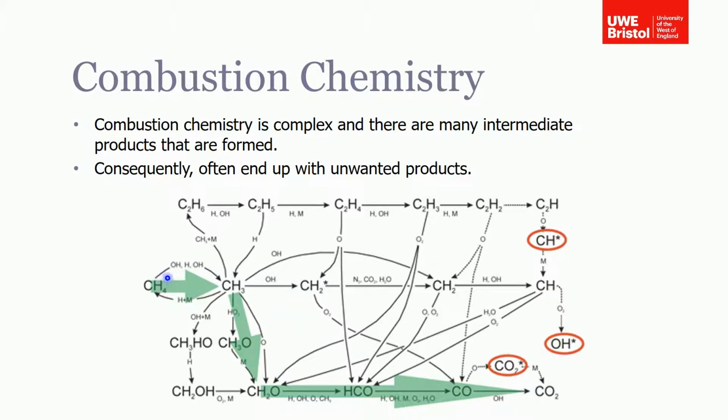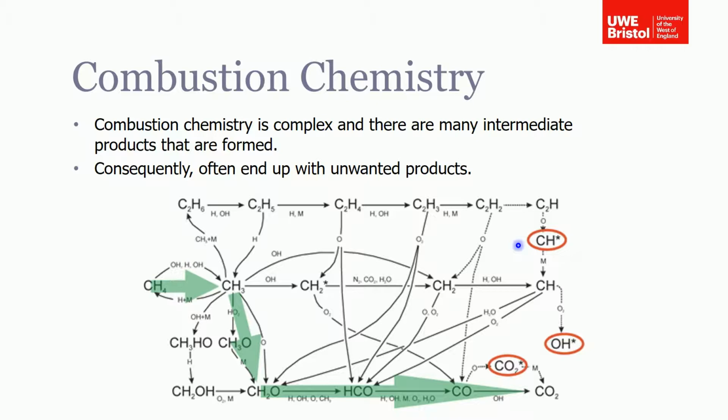But this is what has to happen for methane to react with oxygen to give you carbon dioxide. First, you've got to strip one of the hydrogens off, then it reacts with one of the oxygens, and you lose another hydrogen, and so on and so on. But you can see that it could actually take any of these pathways linked by these arrows. All of these potential pathways are possible.